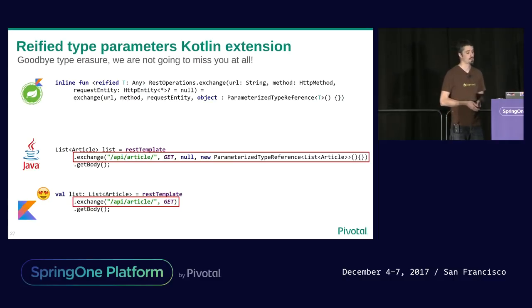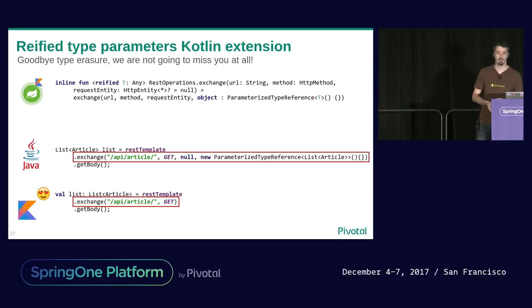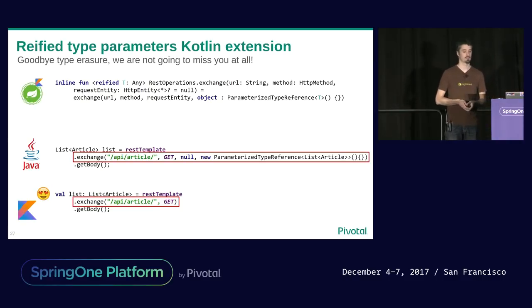For example, I don't know if you have ever tried to get a list with RestTemplate, but that may be one of the most famous Stack Overflow issues. It's not super obvious how to do that because when we just specify the class, we lose the inner generic types. In Java, we have to use ParameterizedTypeReference if we want to get that serialized, especially when using Jackson, JSON views, and things like that.